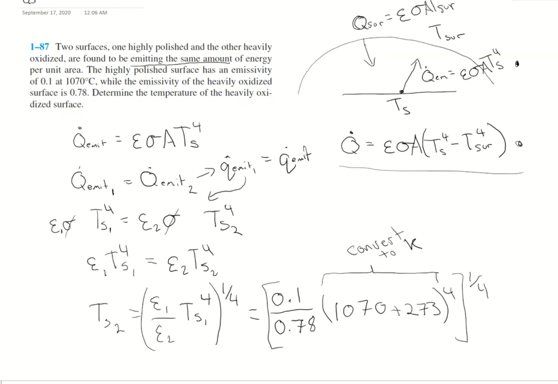As a general rule, the reason we're able to use degrees Celsius in the other questions is because we're talking about a difference of temperature. The difference of 1 degree Celsius is equal to the difference of 1 degree Kelvin. That's how it's defined. But here we're not talking about a difference. We're raising it to the 4.